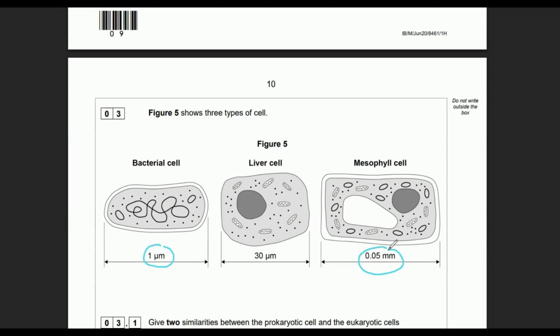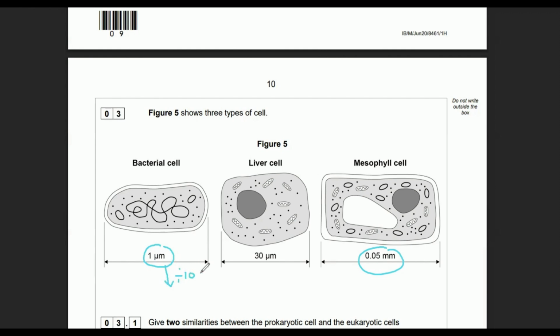You can change either one. It's up to you which one you want to change. So change this one to micrometers, or this to millimeters. If I want to change this one micrometer into millimeters, I'm going to divide by 1,000.